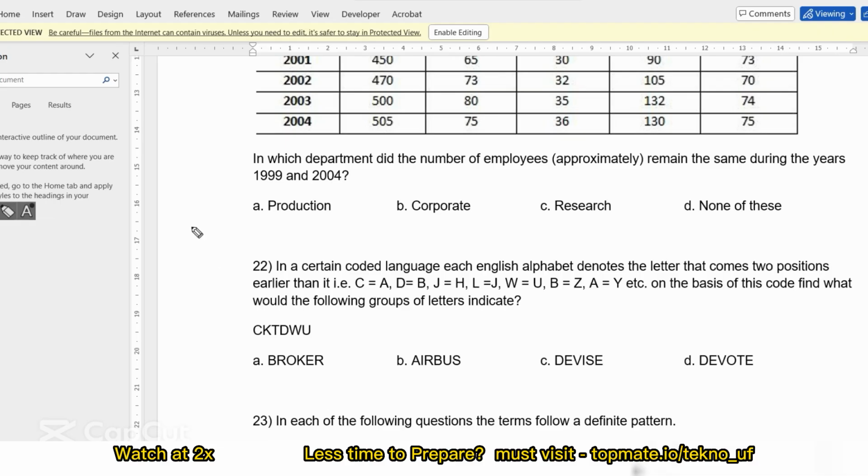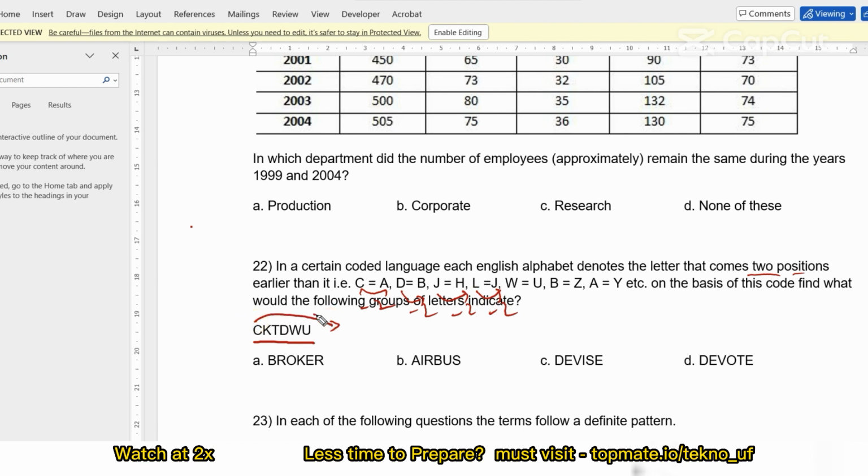Okay, so this is the question. They have already told the pattern, so you don't have to find what the pattern is. They have told earlier already that the letters are shifting by two positions. C to A, that means -2, D to B -2, J to H -2, L to J -2. So you just have to shift the value by -2.